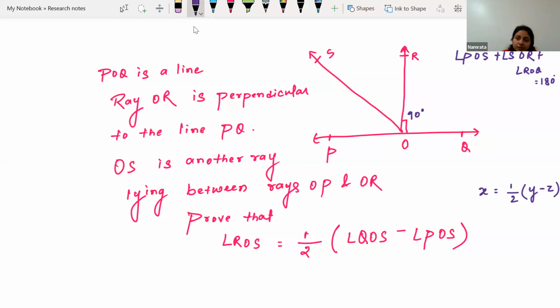So we can say POS plus SOR or ROS is equals to 90, right? This one we can write by ourselves. Yes or no? Right? Yes.